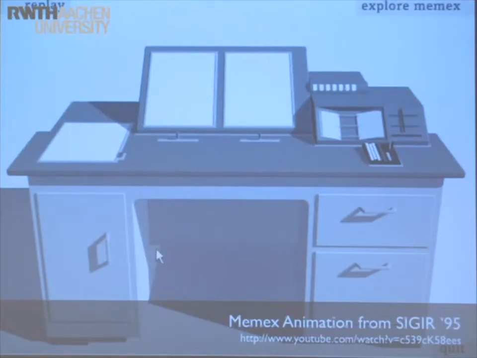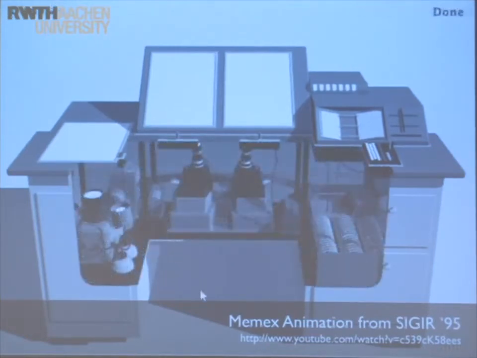Okay, so we're now looking into the box, in a way, and can see what's inside there. There are rolls of microfilm. That was the idea back then, and these will basically be projectors that show part of this microfilm to you, just as this side thing here would show to you.